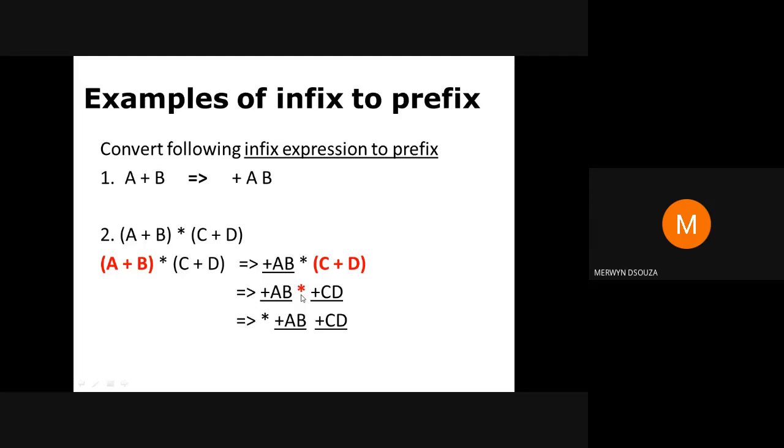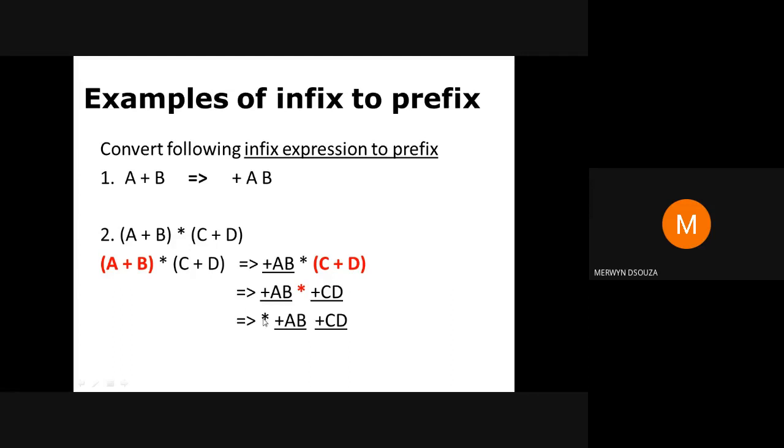Now I won't substitute and resubstitute, but if you want, you can do it. You can call this x, so x equals plus AB, y equals plus CD. Then in the next step you can say x multiplied by y, which gives multiply xy. When you resubstitute, you get this answer: multiply plus AB plus CD.